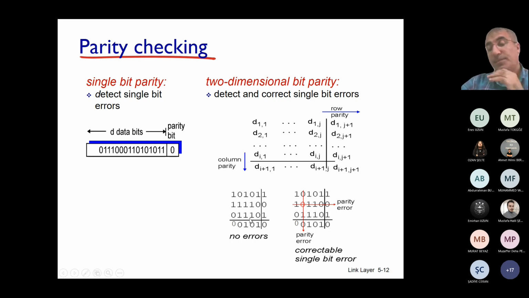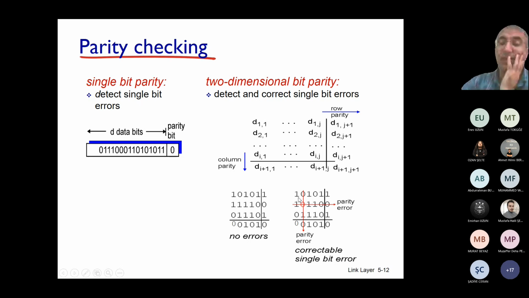Assume that this is the perfect case, there are no errors. When we transmit these bits, assume that the bit in red is corrupted. When we transmitted it, the bit was 1, but when we receive it, it becomes 0, which is an error.